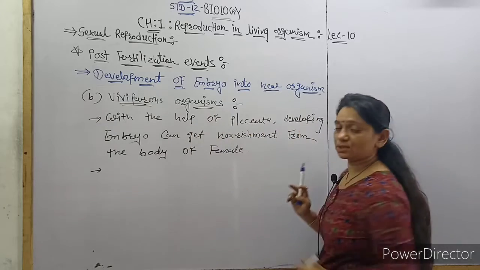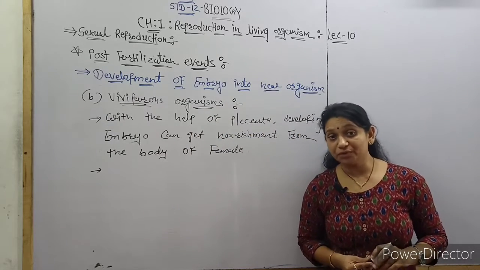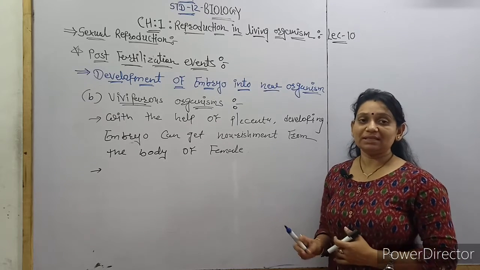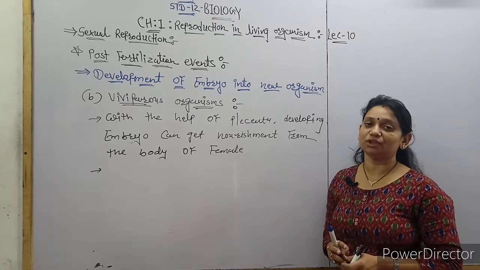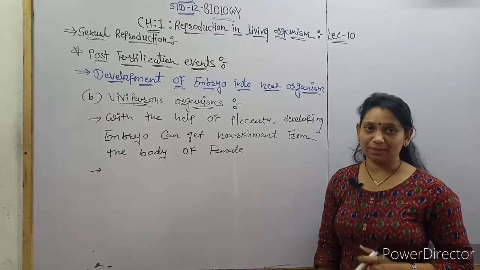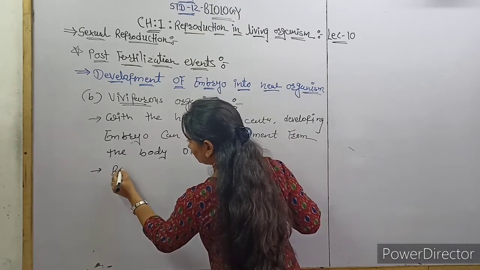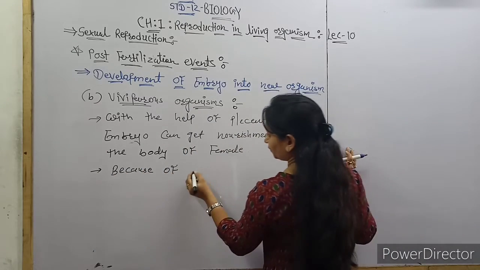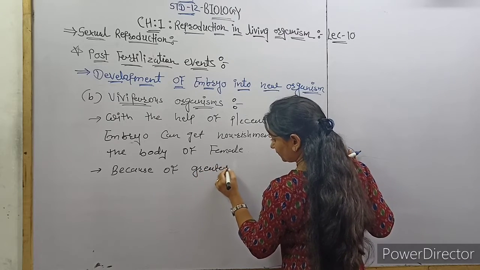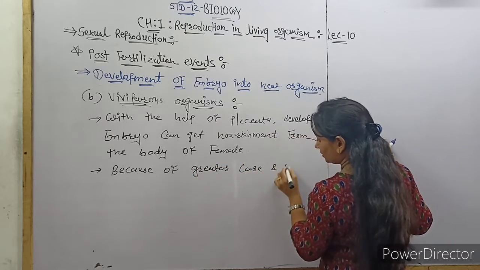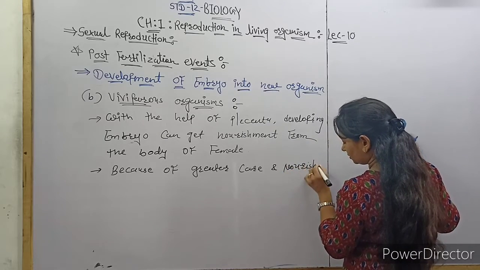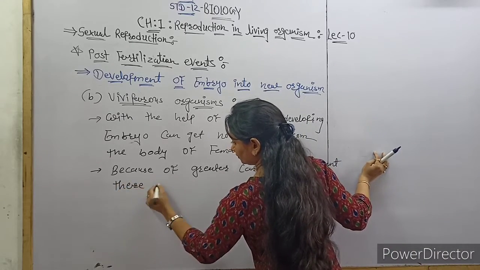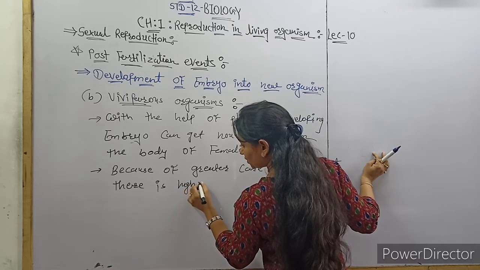Now beta, over here in this case of the viviparous organism, because of the better nourishment and care inside the body of the female, there is the highest chance of survival of the new one in these viviparous type of organisms, because of greater care and nourishment.